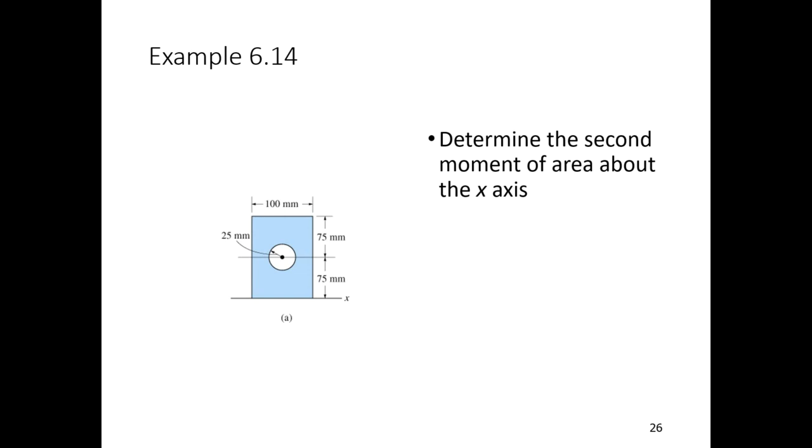Okay, almost 3 minutes over. So this is a very sweet problem. Why is this sweet? Why is this easy? Because the compound shape is equal to I of the rectangle minus I of the circle, right?